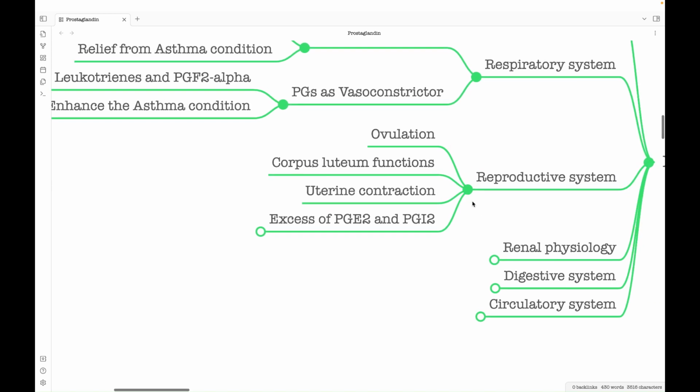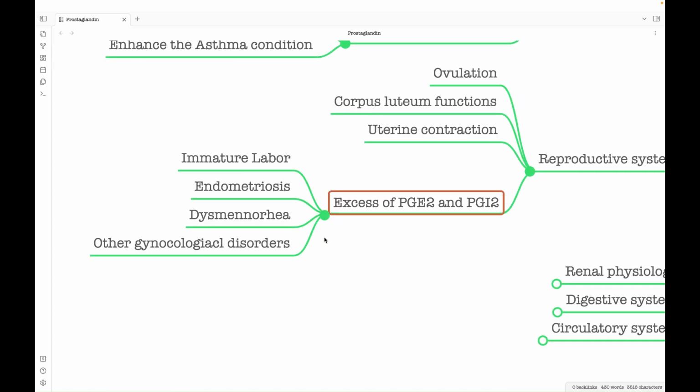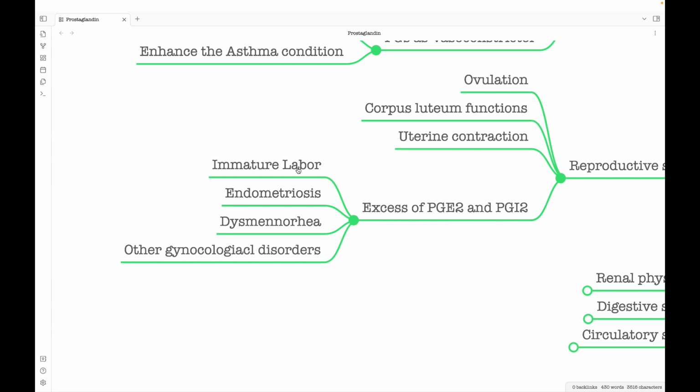If we have an excess amount of PGE2 and PGI2, there may be problems like premature labor and endometriosis, meaning there is a problem in childbearing, and the childbearing ability is lower. Dysmenorrhea is another problem in females, meaning there is severe pain during the menstrual cycle. Other gynecological disorders are also associated with an excess amount of PGE2 and PGI2.